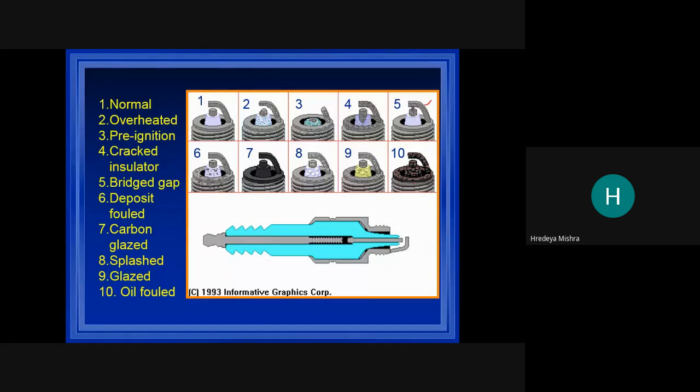Number 10 is oil returning here. Due to the oil, the spark is not proper. In all these diagrams, figure number 1 is the requirement. We need the normal position for a good spark.